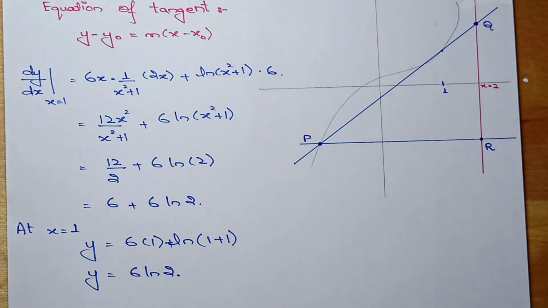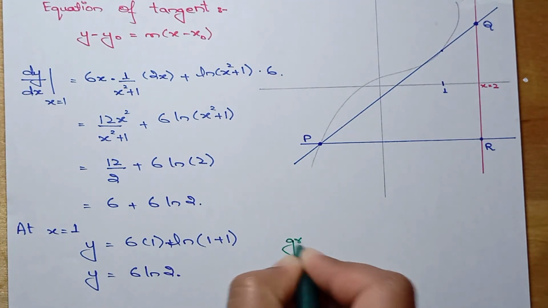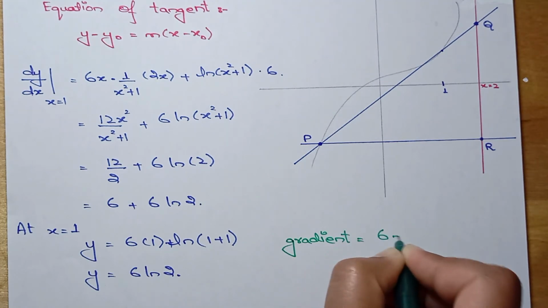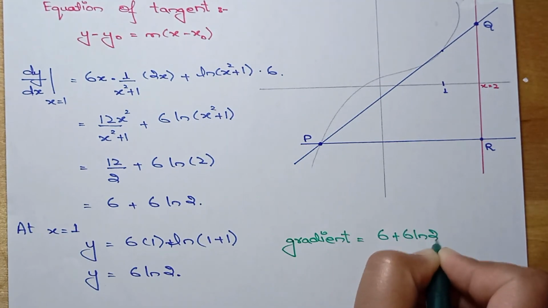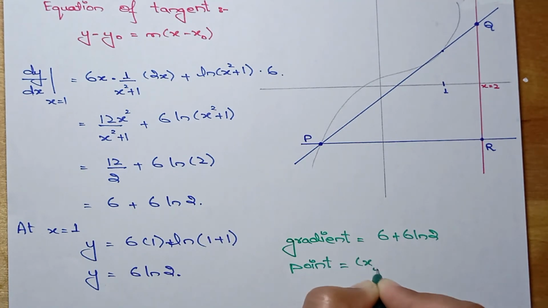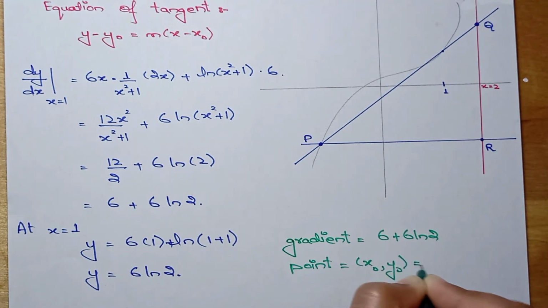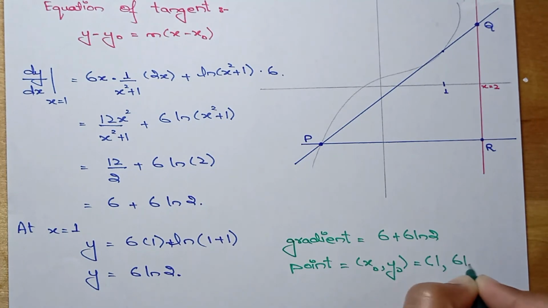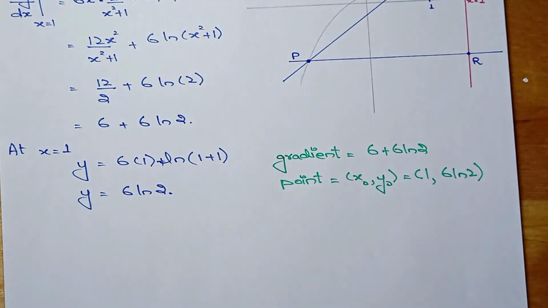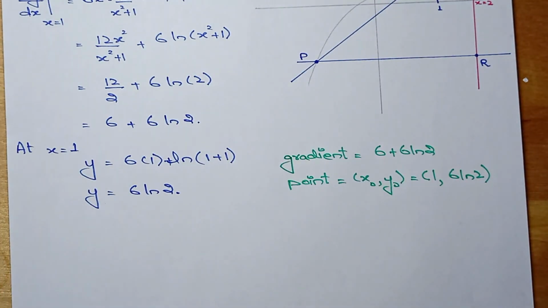Okay, now we have a gradient of a curve that is 6 plus 6 ln 2, and we have a point, let's say x naught, y naught, that is equals to 1 and 6 ln 2. Okay, now we can substitute these two things into the equation of tangent. We will get the equation of tangent, that is PQ.